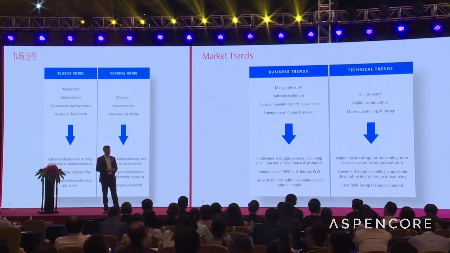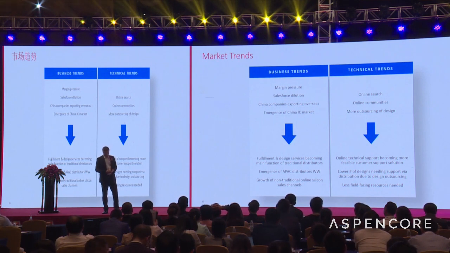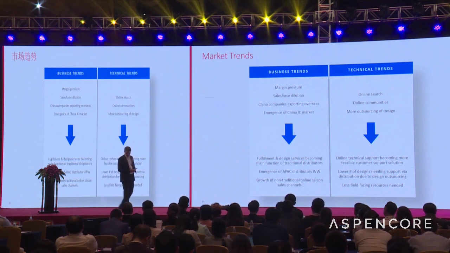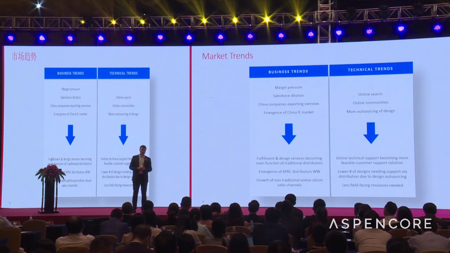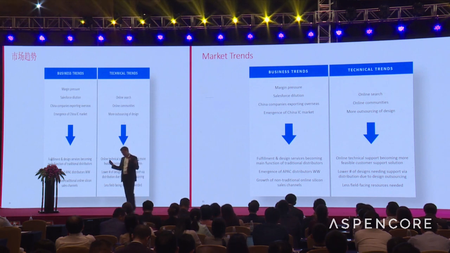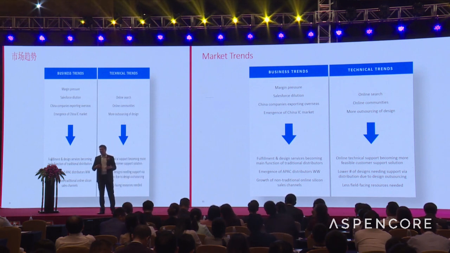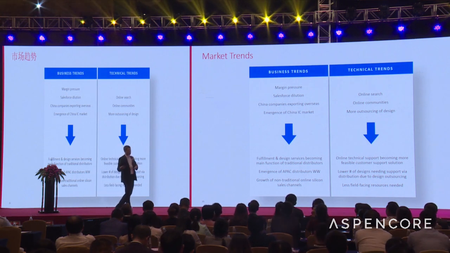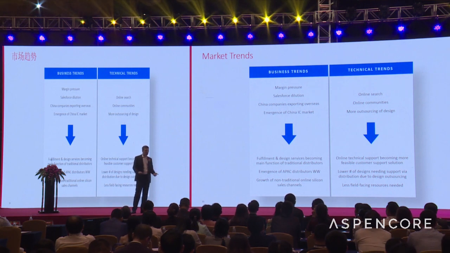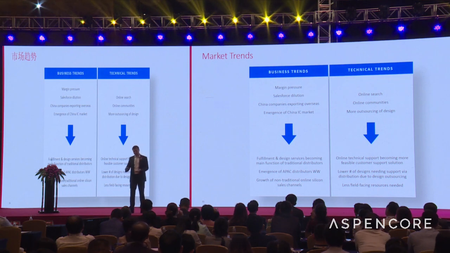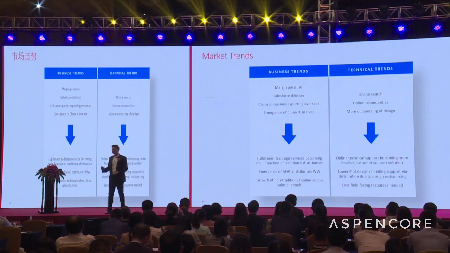You also have the emergence of APAC distributors on a worldwide platform, and you have the growth of non-traditional online silicon sales channels like the Alibabas of the world, like, I guess Taobao is already there, but other methods that now are able to support customers because of the technical trends, in that customers don't need to talk to a field-based technical resource because the resources in the coming years are getting better, so they don't need that face-to-face interaction.